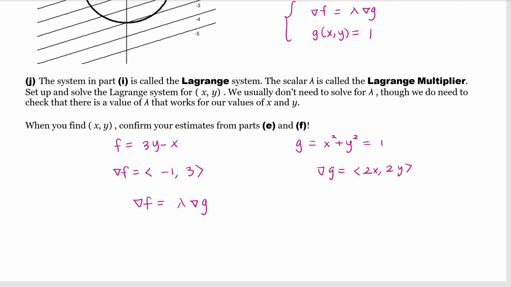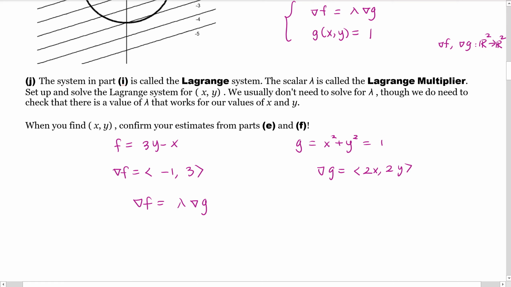So actually this is a vector valued function. I said there are two equations, not really, because we have gradient of f and gradient of g. They are functions from R2 to R2.